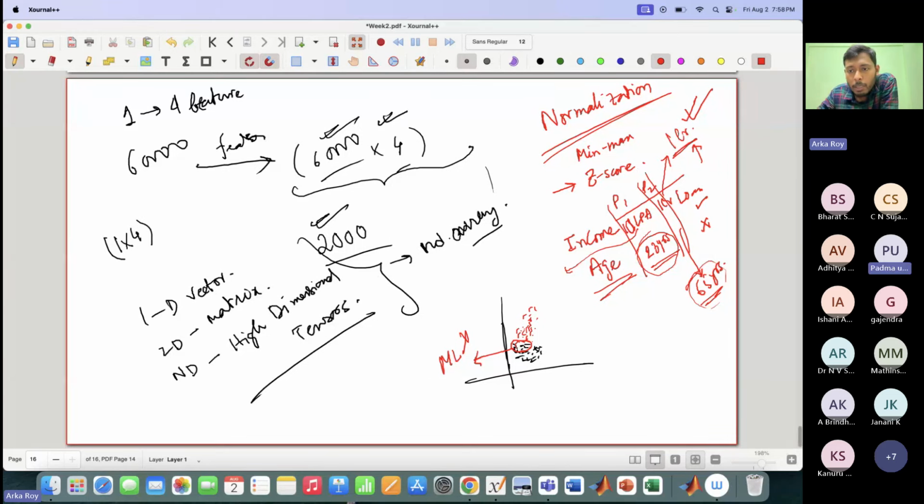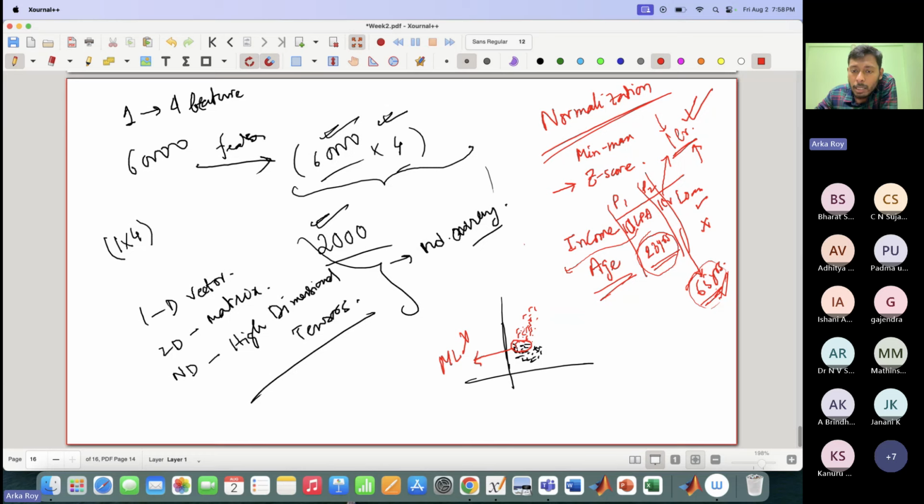Rather, if I give the loan to the other person, there is an equal probability that he may die and I will not be able to recover the loan. So biasing towards a very big value could be a detrimental decision on the machine learning side. Therefore, we have to do normalization.